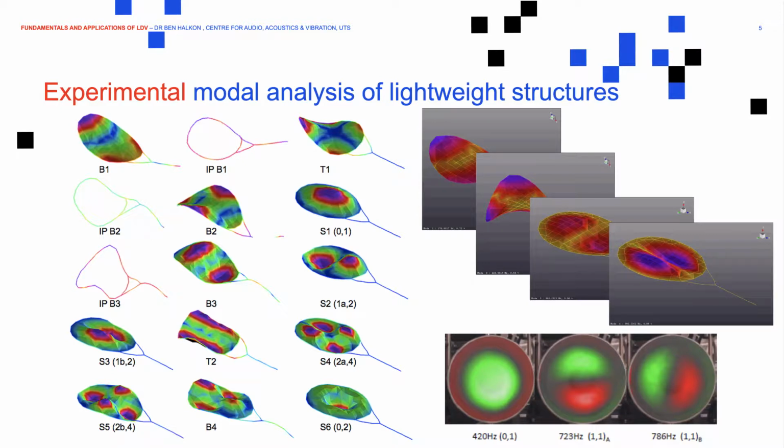Here are some measurements of my own that are, in this case, yet to be published. So the sports racket, tennis racket scenario that I previously described. And with the 3-dimensional laser vibrometer, we've typically, with a 1D system, been able to make measurements of bending modes and torsional modes, for example. And this is real experimental data. It looks like it might be coming from finite element analysis just due to the spatial resolution of these mode shapes, but they're indeed done by experiment.